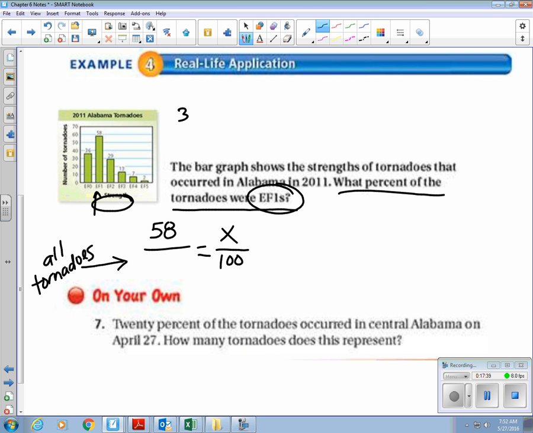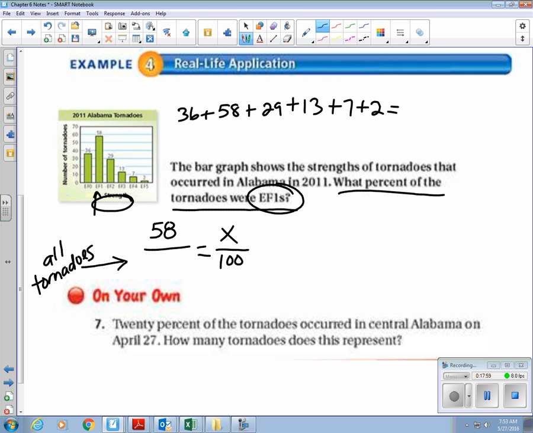EF0s look like 36. We already said that the EF1s were 58. Looks like the EF2s are 29. Looks like the EF3s are 13. The EF4s look like 7, and the EF5s look like 2 to me.